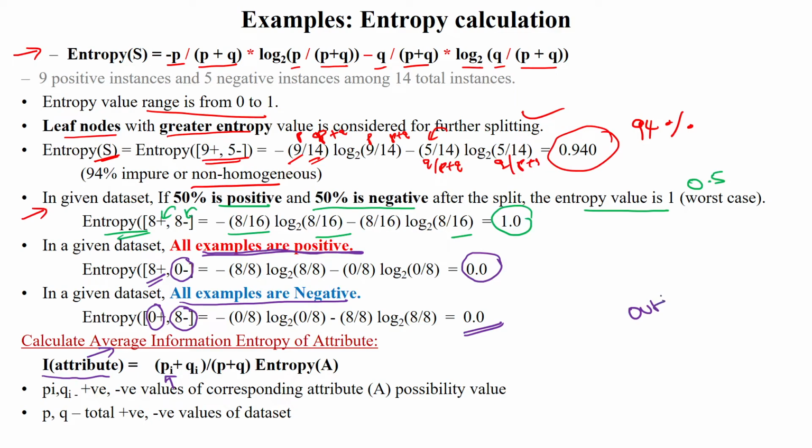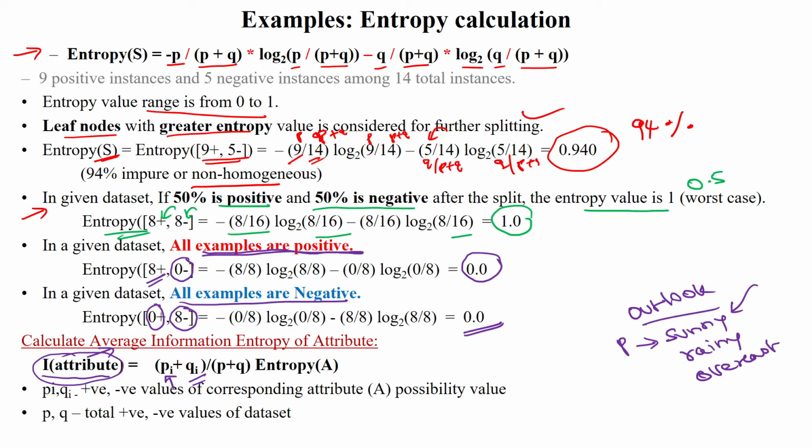Here outlook has three different values: sunny, rainy, and overcast. We take the number of positive samples in the value sunny divided by the total number of samples belonging to sunny. Like that, we calculate the entropy of outlook for all the attribute values. Then finally we can calculate the average information of the given attribute.